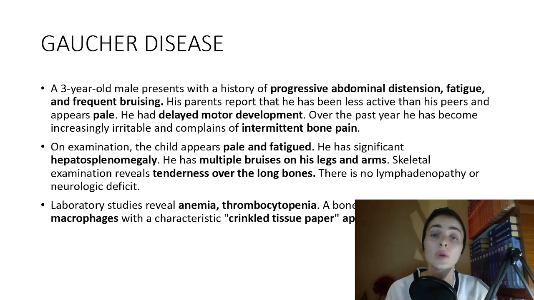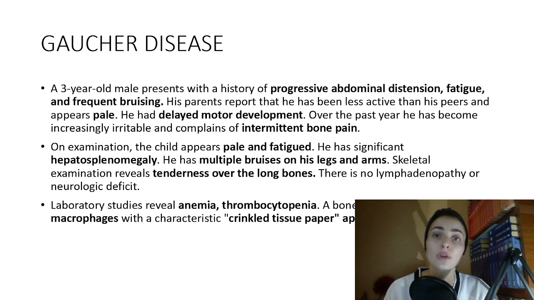Let's look at what they are. Anemia is deficiency of red blood cells or deficiency of hemoglobin in the blood. And thrombocytopenia is deficiency of platelets. Red blood cells and platelets are blood cells which have different functions. Red blood cells mainly contain hemoglobin, and their main function is to deliver oxygen to the tissues.